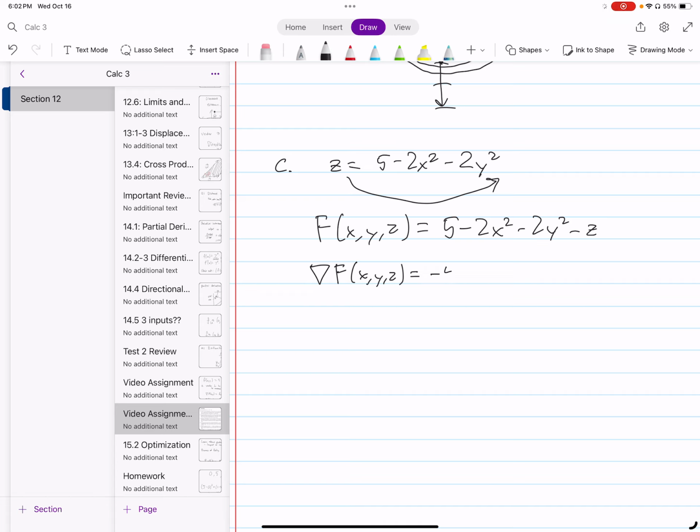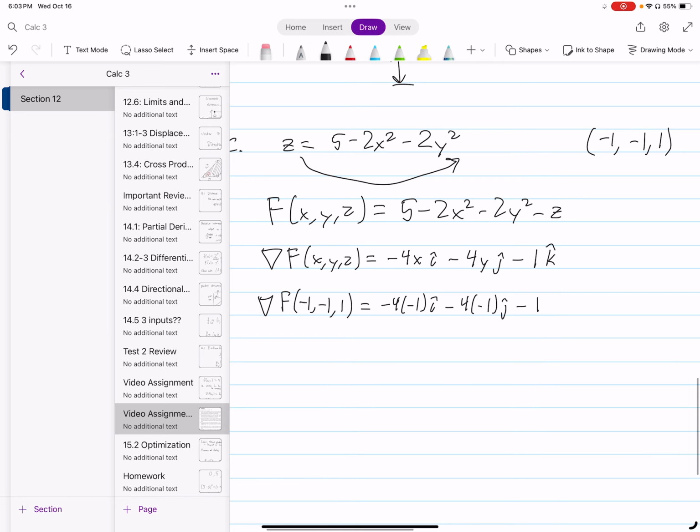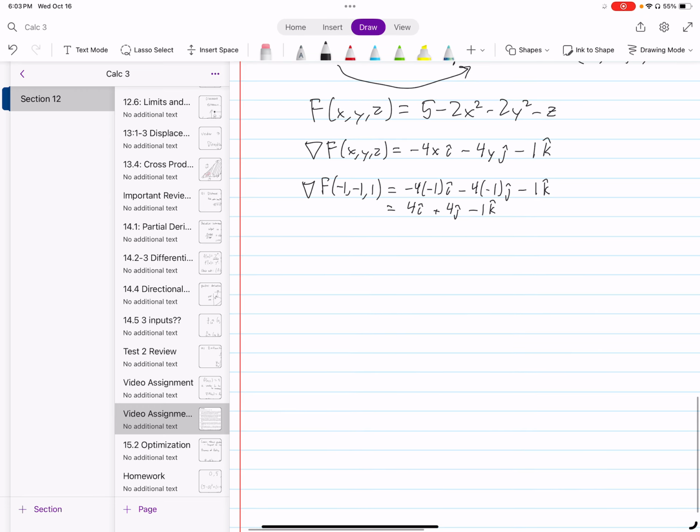The gradient at -1, -1, 1 is -4 times -1, i, minus 4 times -1, j, minus, there is no place to put the z variable, so that just leaves 1k. Simplify this, we get 4i plus 4j minus 1k. And they also want us to sketch this in 3D.